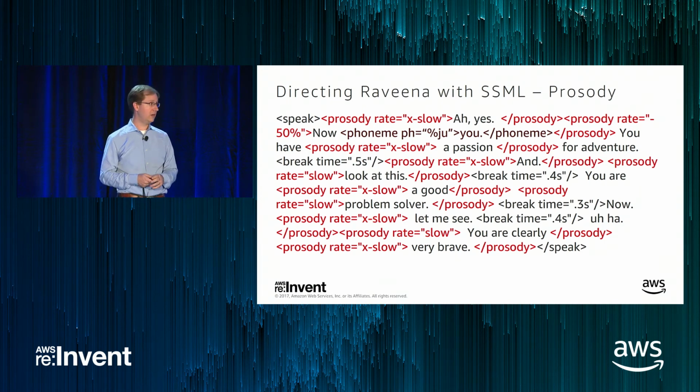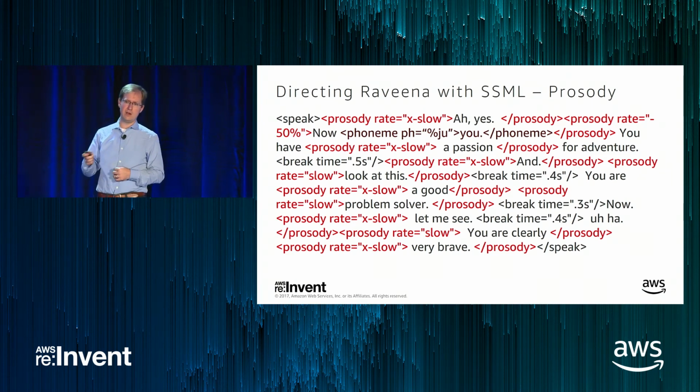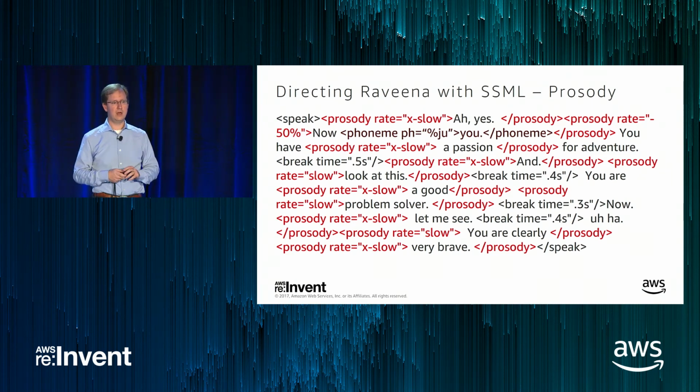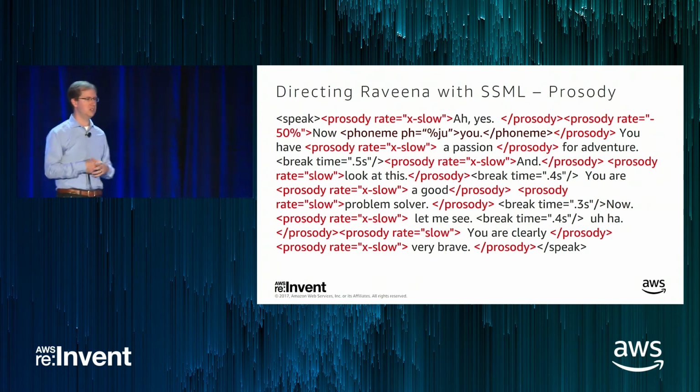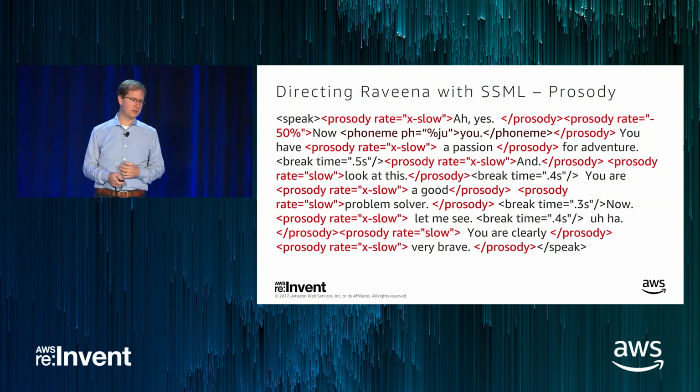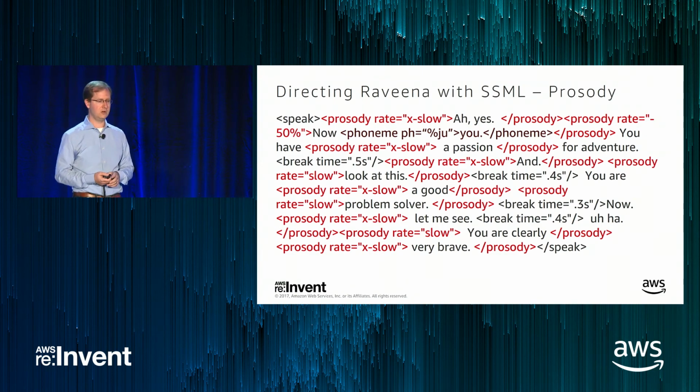So we're throwing in slow and extra slow prosody along with normal to give a varied rate of speech to this character, which is important given the context because she's thinking and pondering, and also to create some natural variation in her speech.